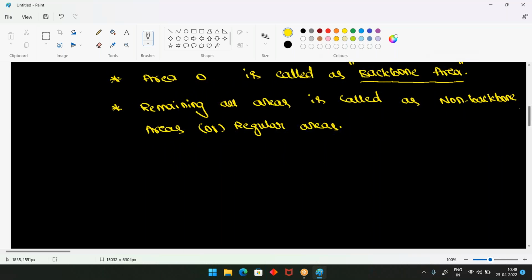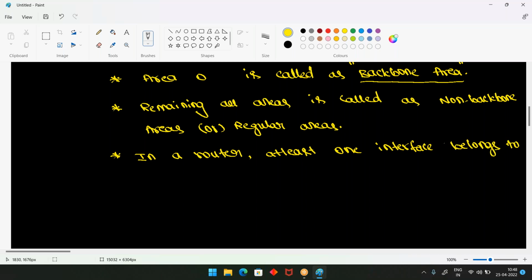Okay, one more point here now. In a router, at least one interface belongs to the backbone area.